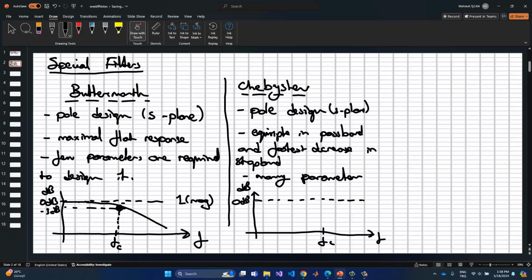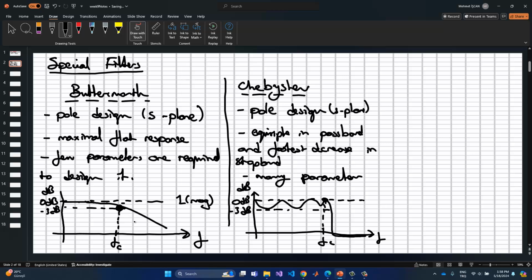But the Chebyshev filter creates this kind of output, okay? Which means that we have the minus 3 dB values here, and this filter passes these locations, but not this one, okay?